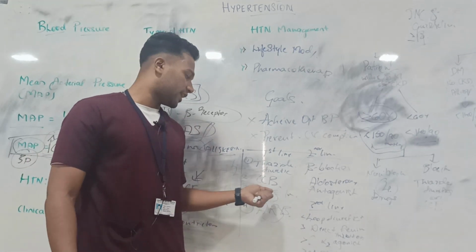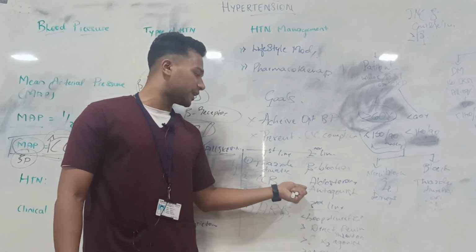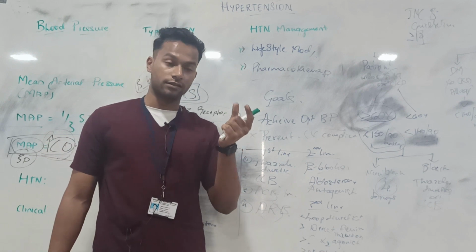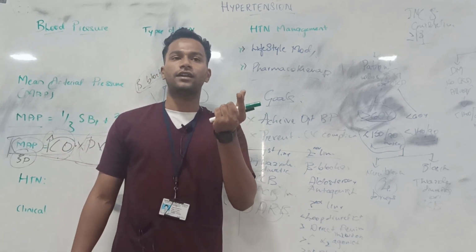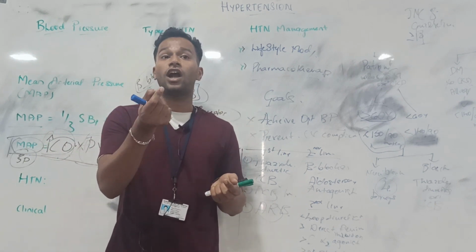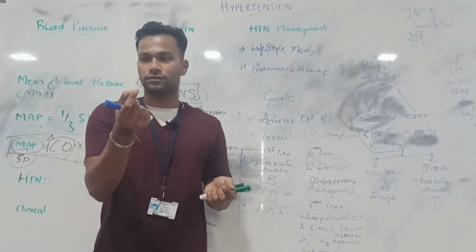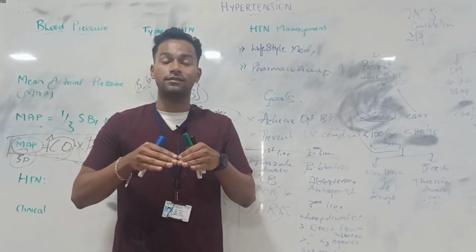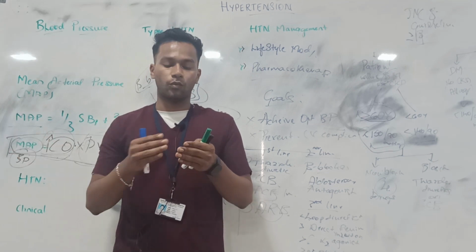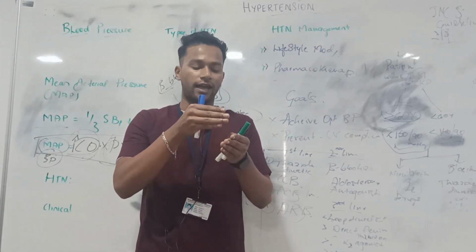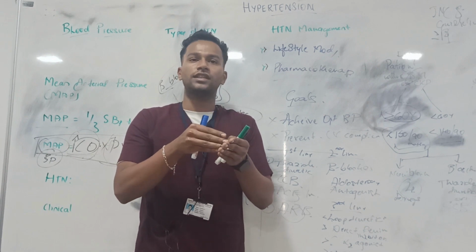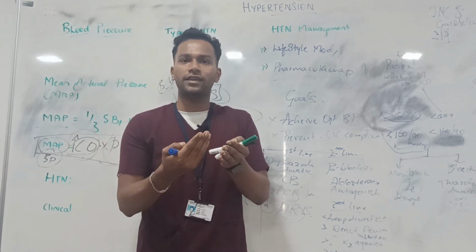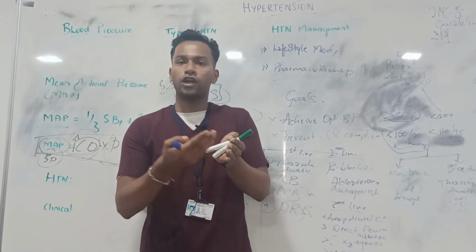Okay, another thing is hyperkalemia. Hyperkalemia is caused because ACE inhibitors will also have a little effect on the aldosterone activities. See what aldosterone does: it acts on the sodium excretion, thereby water will go out.